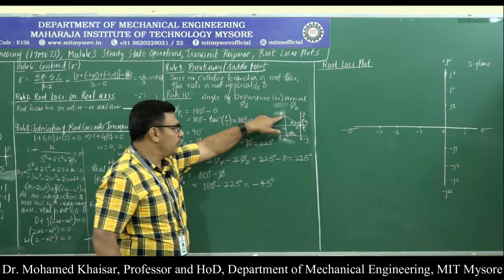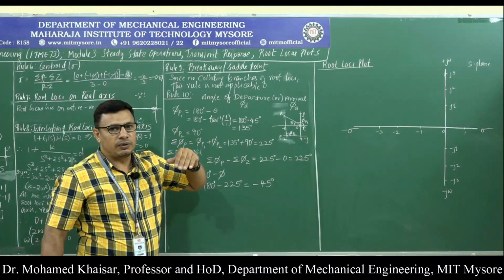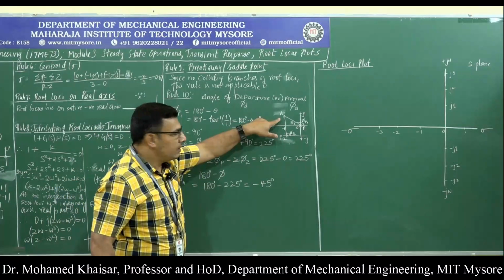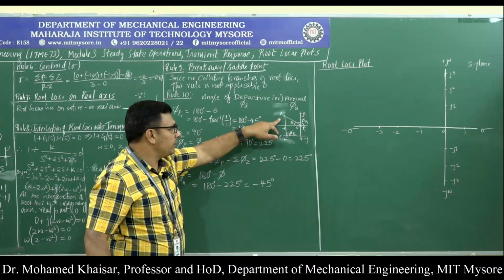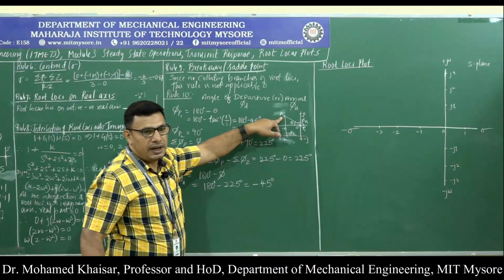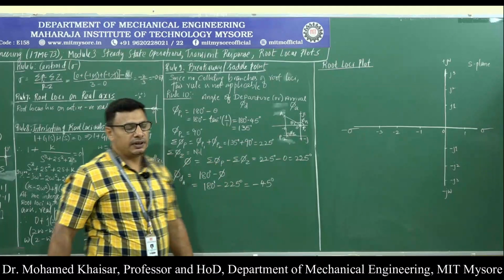So that means from this pole, the branch of root locus is going to leave, because this is a starting point, it has to leave. So the branch of root locus will leave the pole A at an angle of minus 45 degrees. This is what it means.